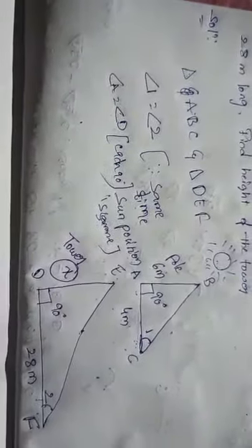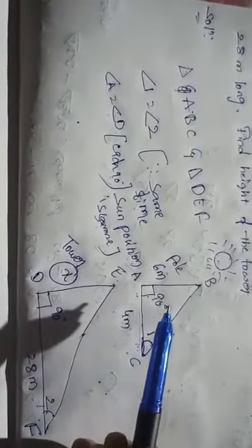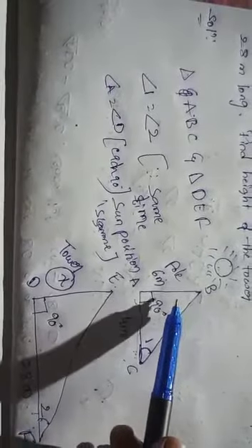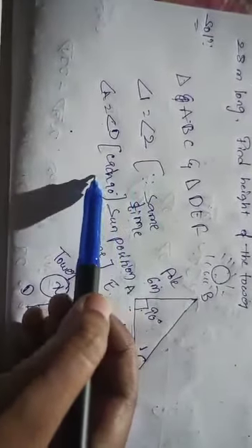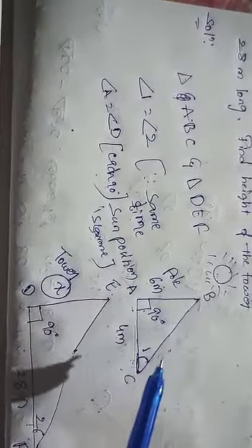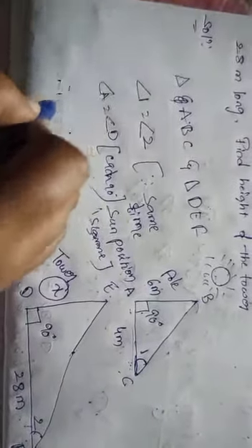Here corresponding angles are equal. In these two triangles, corresponding angles are equal. Using angle similarity criteria, triangle ABC is similar to triangle DEF.